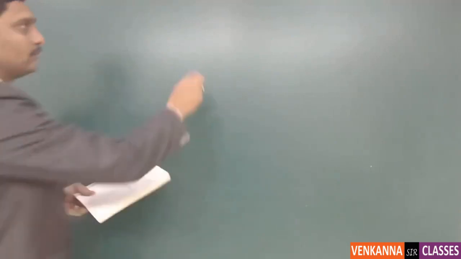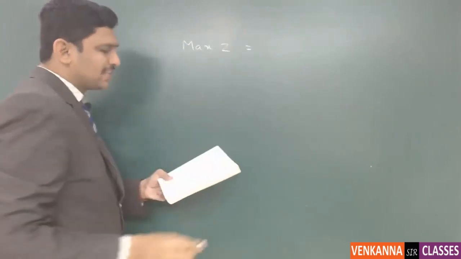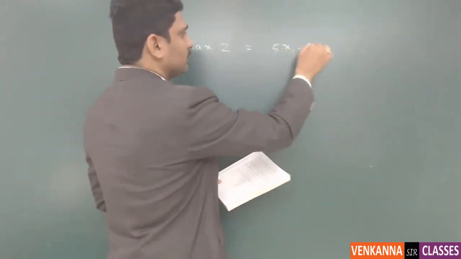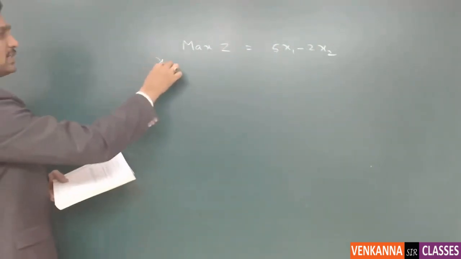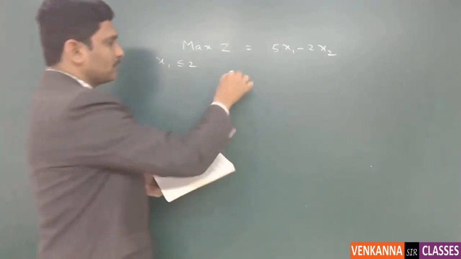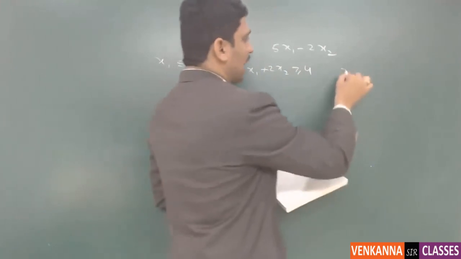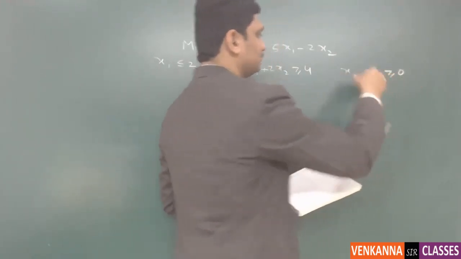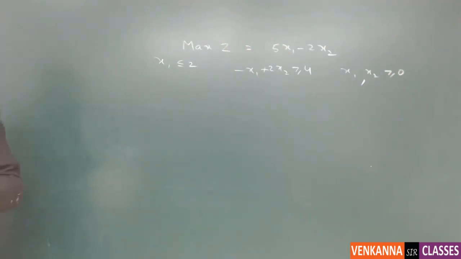The next problem I want to take is: maximize z equals 5x1 minus 2x2, subject to the constraints x1 less than or equal to 2, minus x1 plus 2x2 is greater than or equal to 4, and x1, x2 are greater than or equal to 0. This was the problem I am going to take. So as usual, let us draw the graph here.